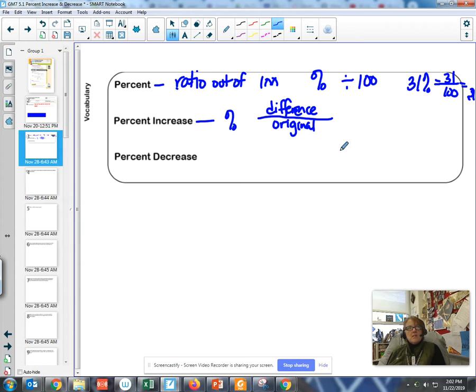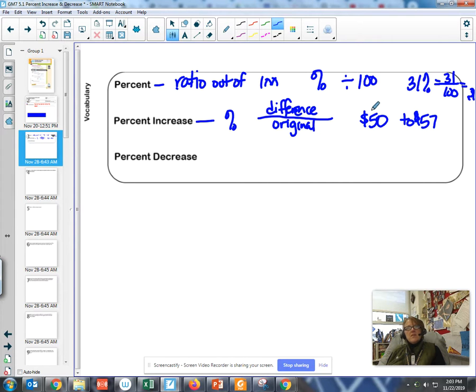So here's an example. If I started with $50 and then something wonderful happened and I ended up increasing and I went to $57. Okay.